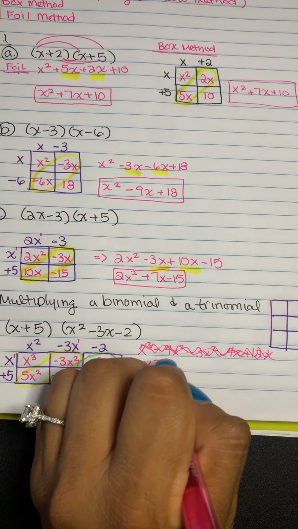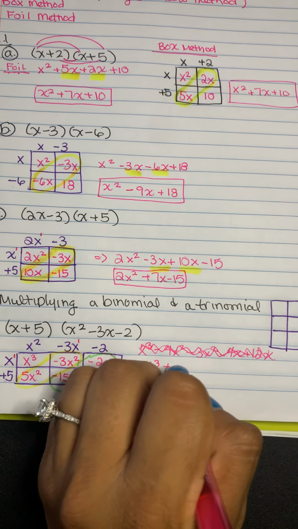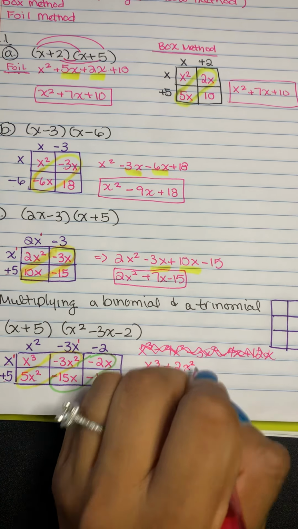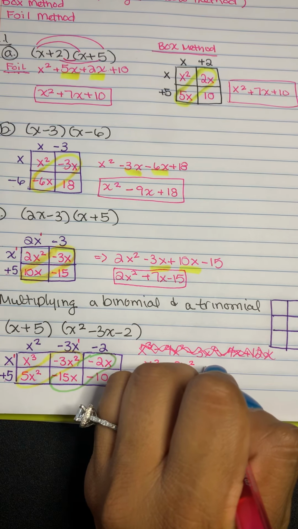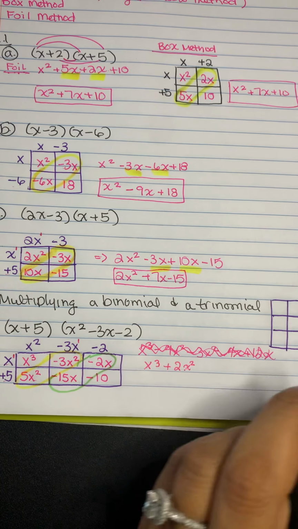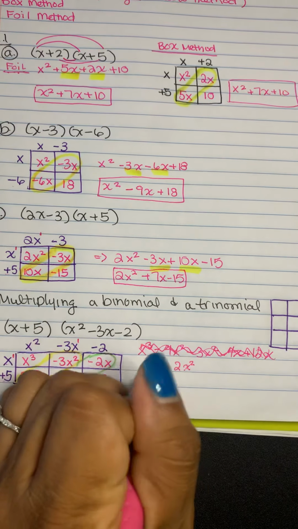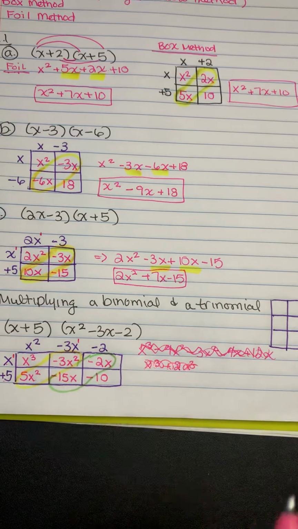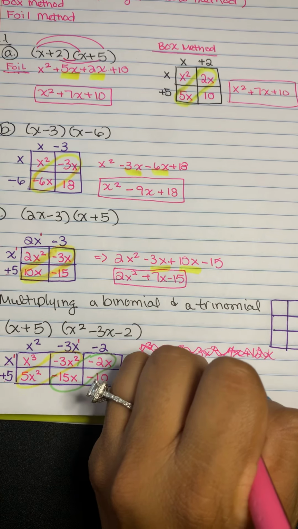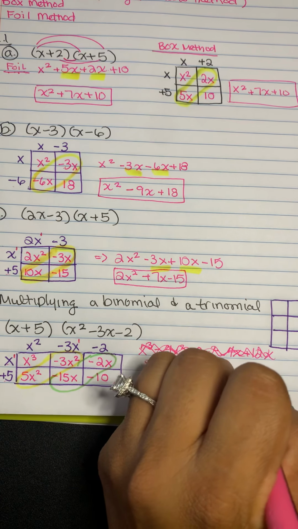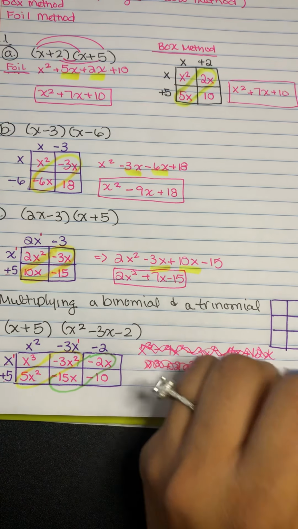X cubed plus 2x squared. Okay. Mrs. Holmes, let's get it together. Okay, we got it together.